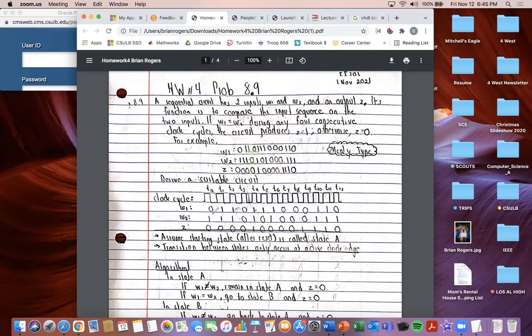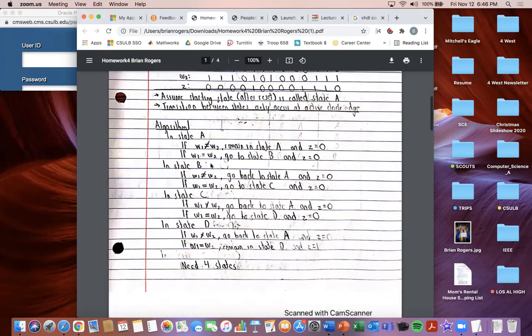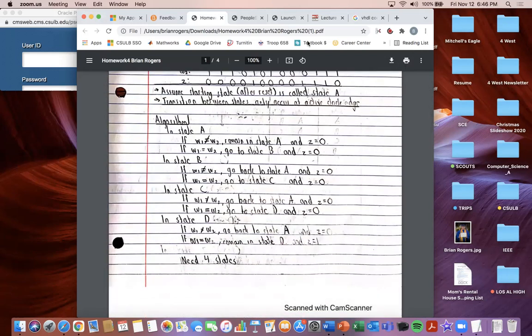So what I did here is when I listed it out, I assumed the starting state after reset would be state A, and the transition between the states occurs at the active clock edge. For my algorithm, I had my states. In state A, if W1 is not equal to W2, remain in state A, and Z equals 0.